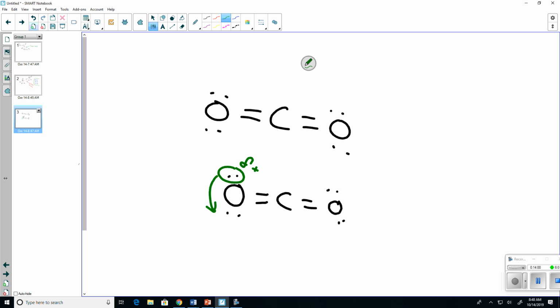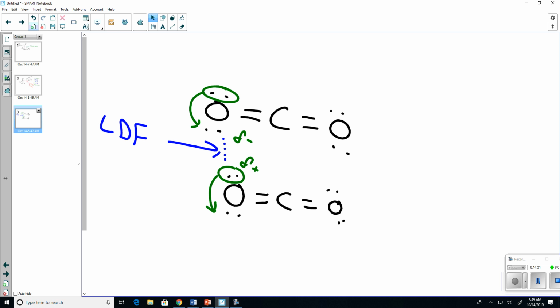And what if at that exact same moment, these electrons in the top one rotated down? It would create a very tiny partial negative. That now means we have opposite poles. Opposites attract. That would be a London dispersion force, as I wrote as LDF on there.